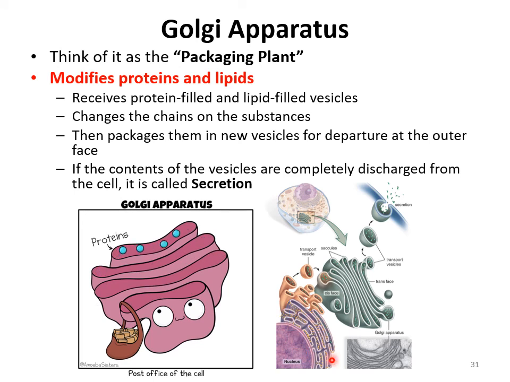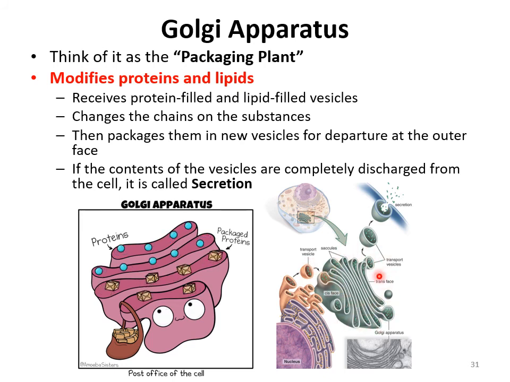This is the rough ER because you see all of those speckles of ribosomes. Then you have the smooth ER, and inside the smooth ER are all those lipids that it's been producing and modifying. Notice from the endoplasmic reticulum, there are these little transport vesicles that then enter the Golgi.